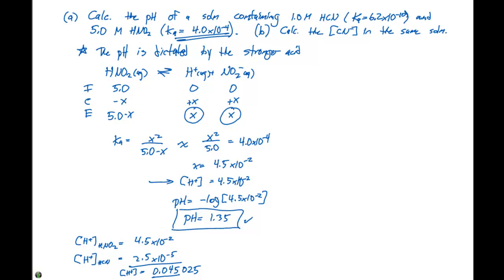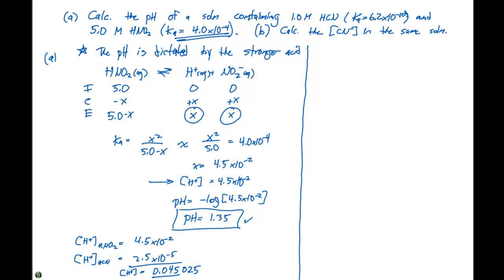So if we see a large difference in orders of magnitude between solutions, we can skip that second step and come up with our pH value here of 1.35. So this was part A of that particular problem.